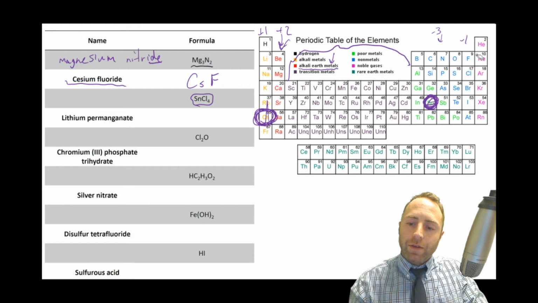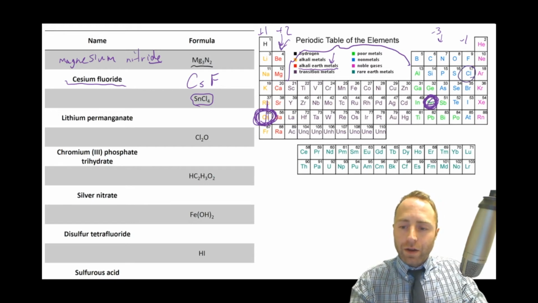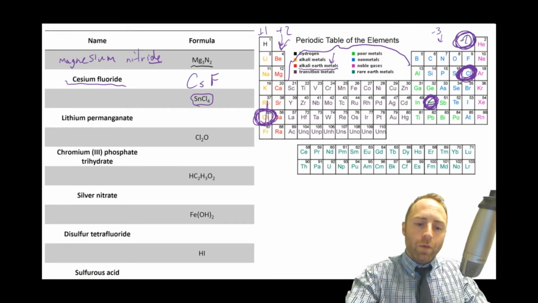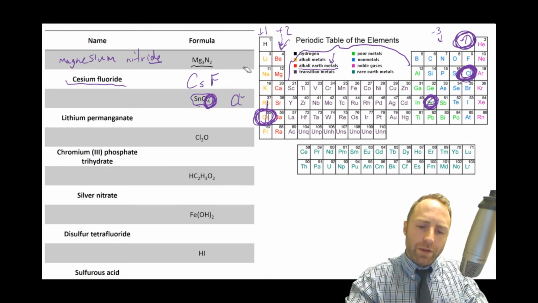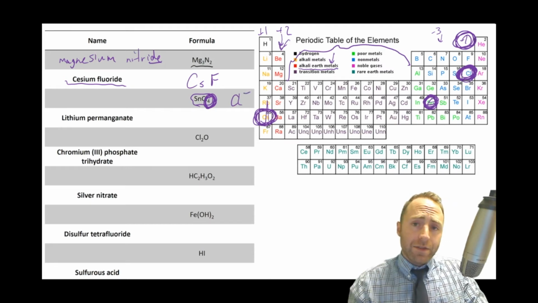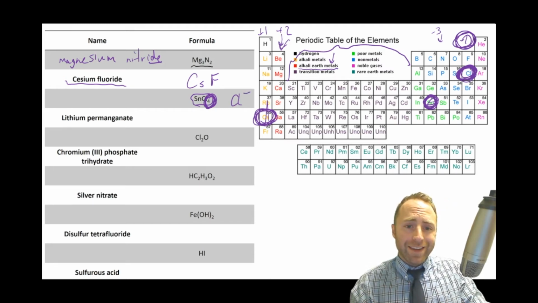Well, if we clear off that fluorine there, we can find chlorine here on the periodic table, right there. That chlorine also has that -1 charge. So we're going to have 4 of them as written out in the chemical formula. So we have 4 -1 charges. How many positive charges then do we have to have for that tin?